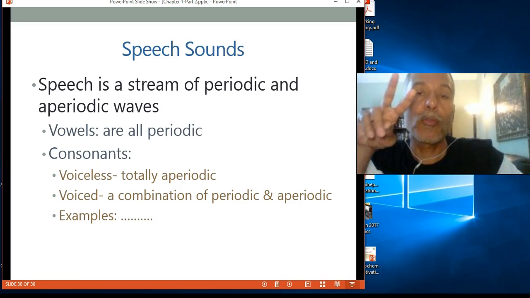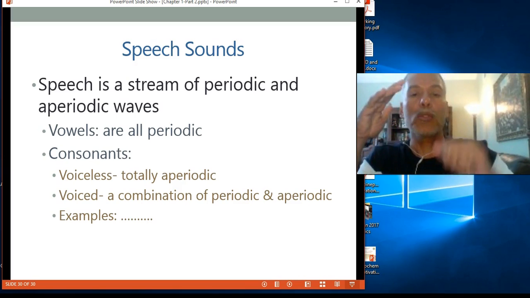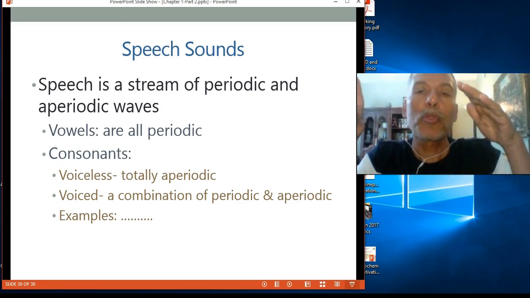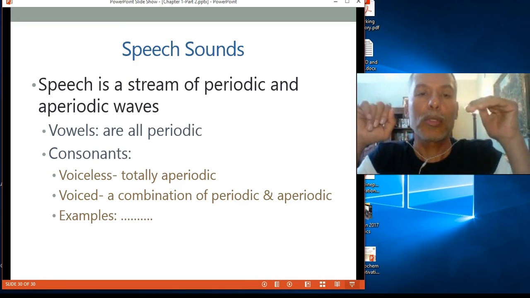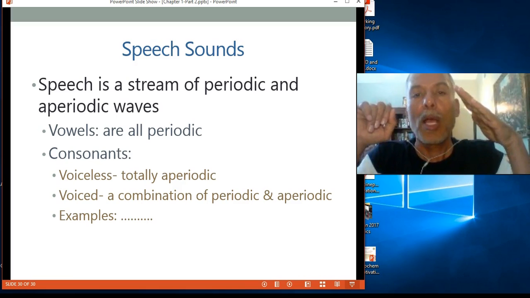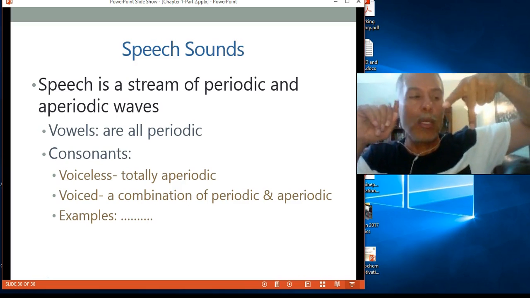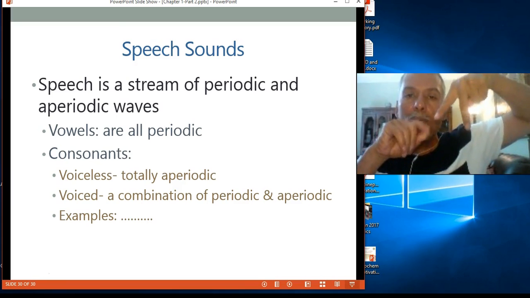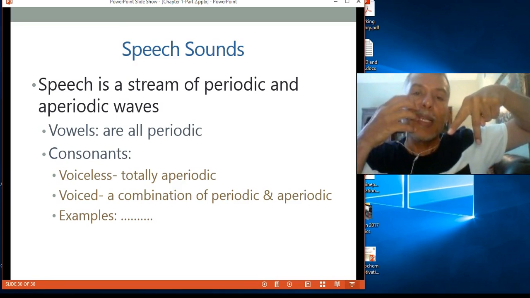Let's look at all the sounds. All of the vowels are pure tones, all periodic tones. Consonants are two groups. One group is complete noise, complete aperiodic, that is made in the oral cavity and somewhere else.